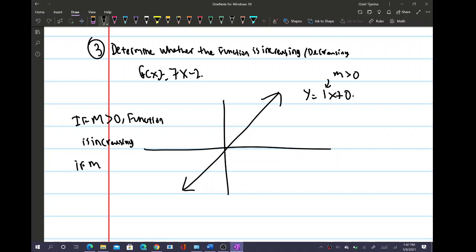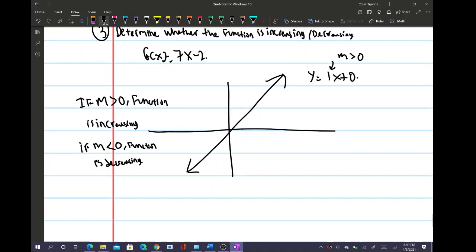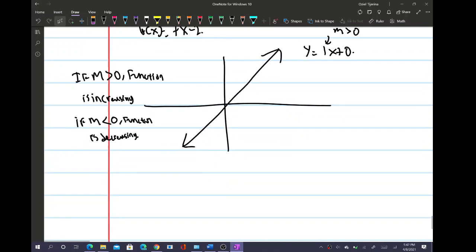If m is less than 0, the function is decreasing. So we look at this one and say, okay, our slope m is 7, so therefore, because m is greater than 0, the function is increasing, okay?